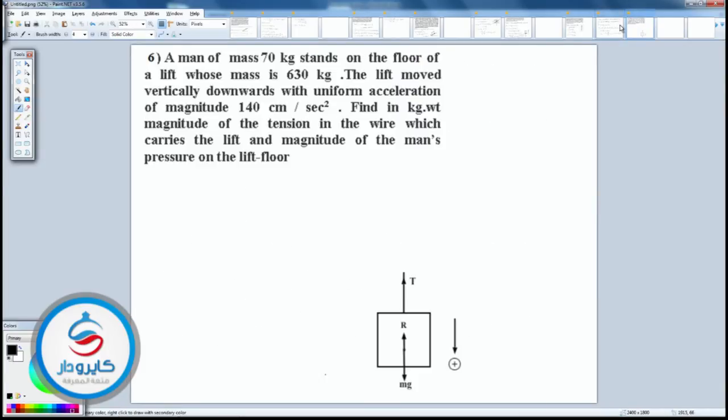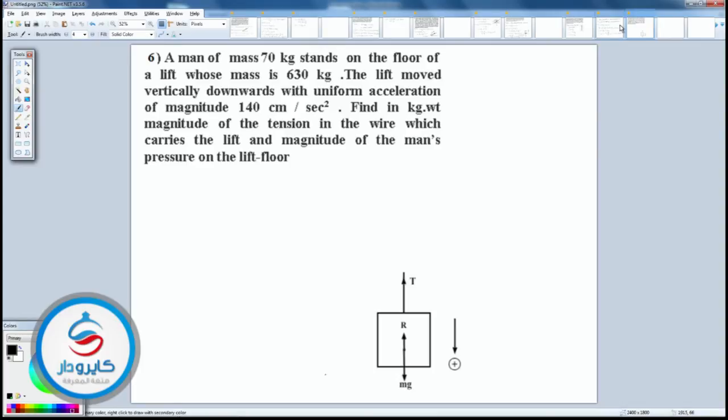Question number 6. A man of mass 70 kilogram stands on the floor of a lift whose mass is 630 kilogram.